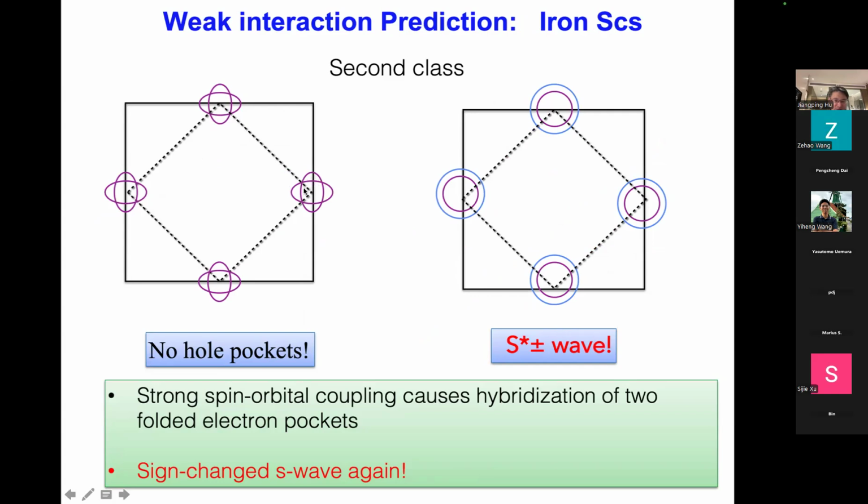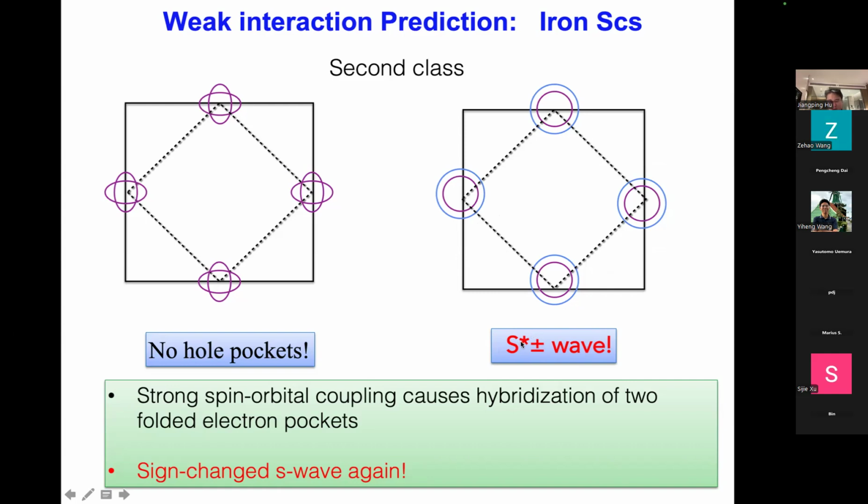If you have spin-orbit coupling and the two hybridize, after hybridization they become two pockets, one inner and one outer, like this. So you can argue that between the inner and the outer there are repulsive interactions, and they will drive superconductivity. In this case, they become another S plus minus state, in which they have different superconducting signs. So this I will call S star plus minus.